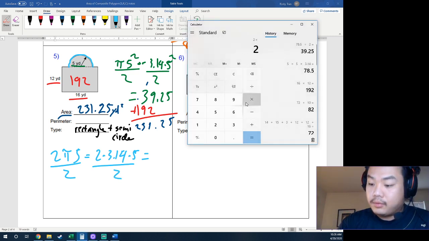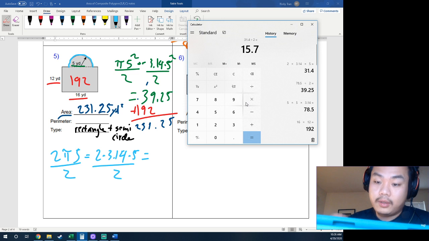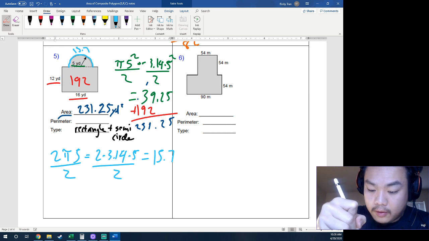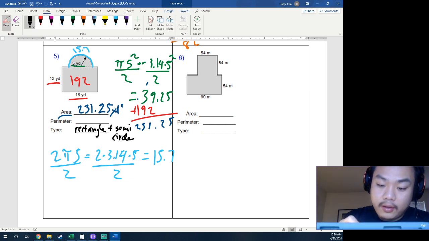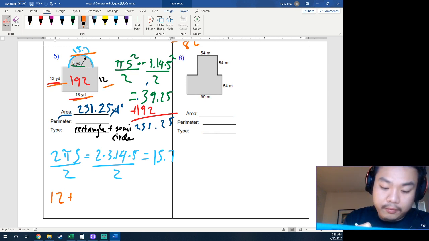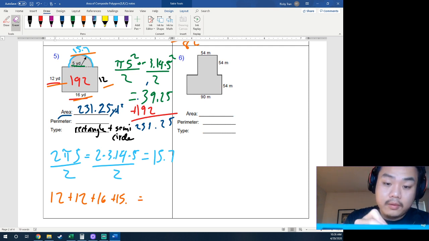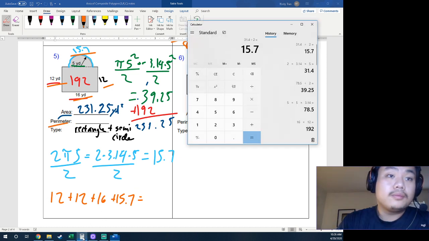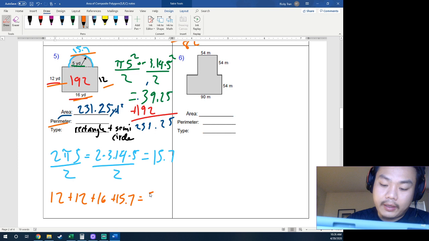So that's 15.7. And then we add 12 plus 12 plus 16 plus 15.7, which is equal to 55.7.